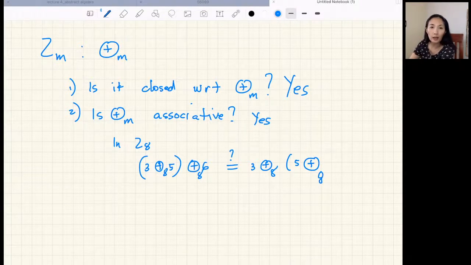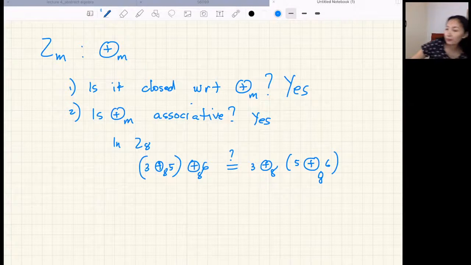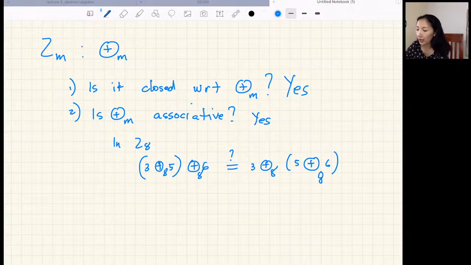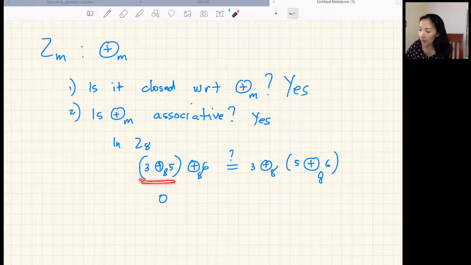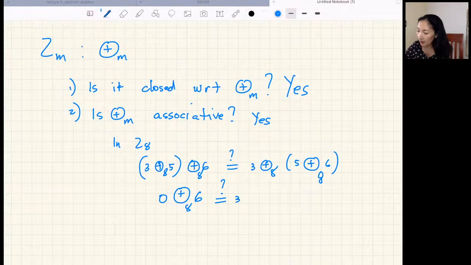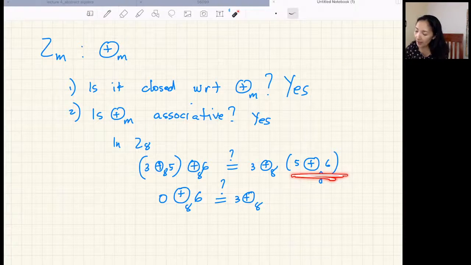Are they equal? Let's verify. First, 3 plus 5 modulo 8 is 0. Correct? Plus 6 modulo 8. Will this be equal to this? 3 plus, next, 5 plus 6 modulo 8. 5 plus 6 is 11.